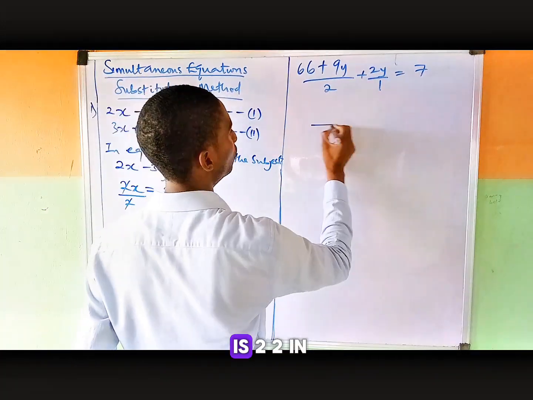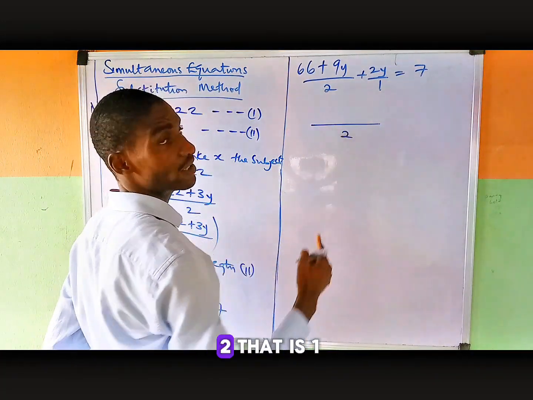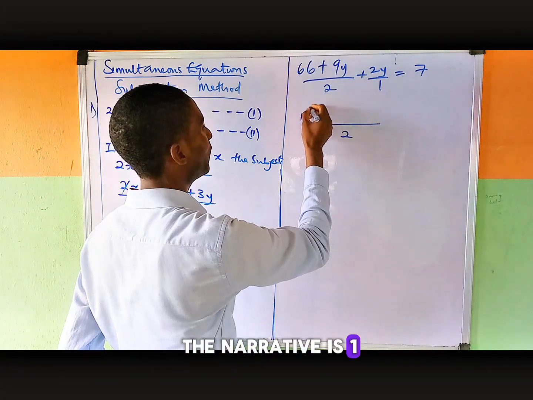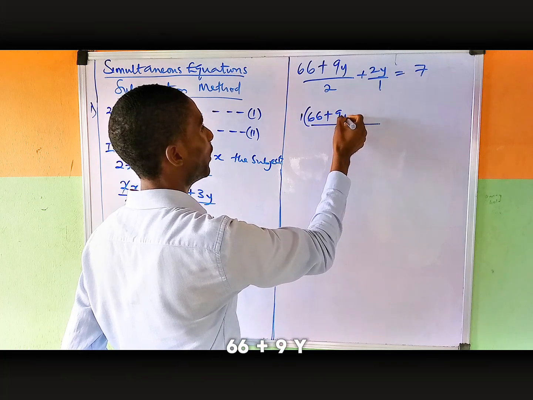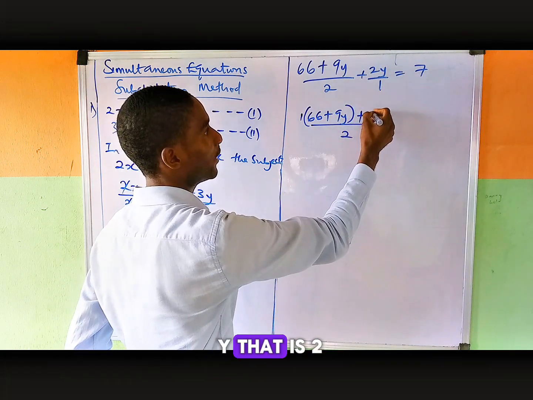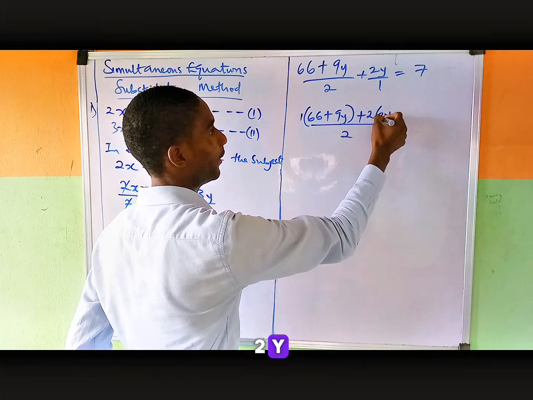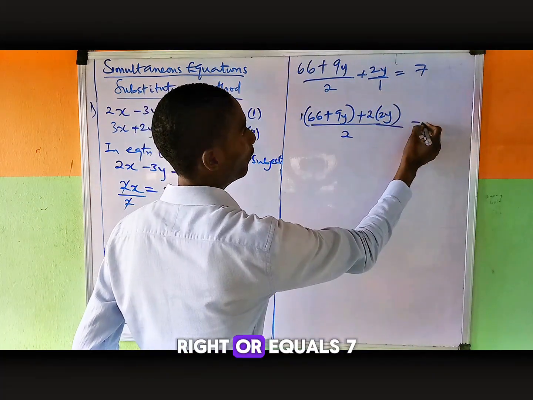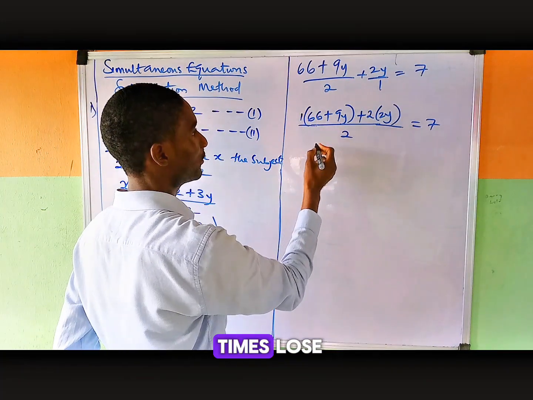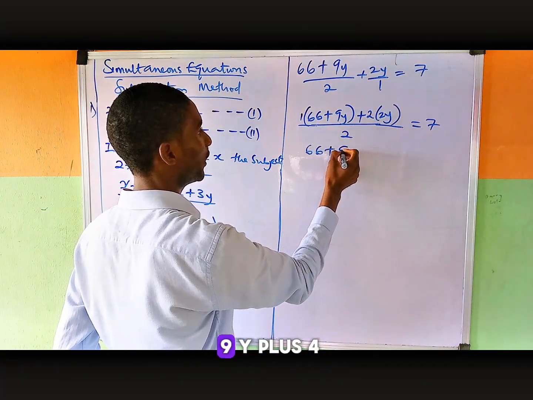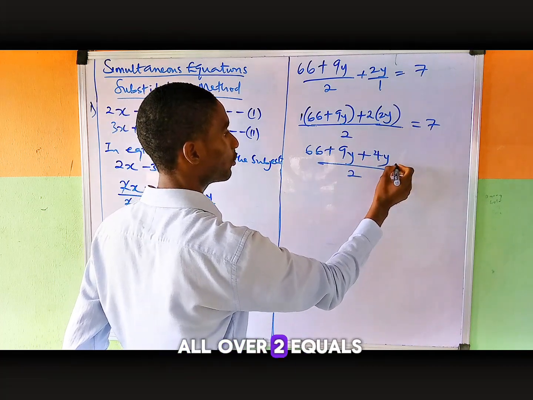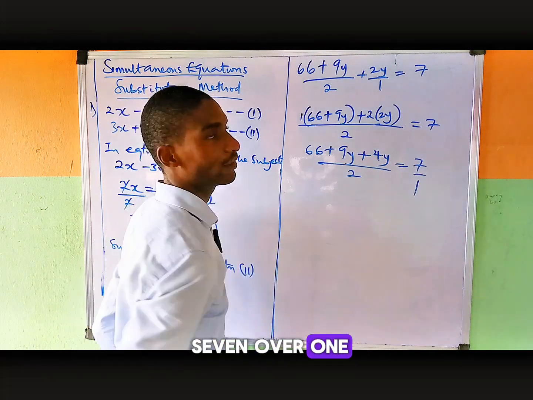So our LCM is 2. 2 into that is 1, so 1 multiplies the numerator here: 1 into bracket 66 plus 9y, plus 2 multiplied by 2y, that is 2 into bracket 2y, all equals 7. So let's expand and open the bracket. 1 times this gives you 66 plus 9y plus 4y, all over 2, equals 7 over 1.